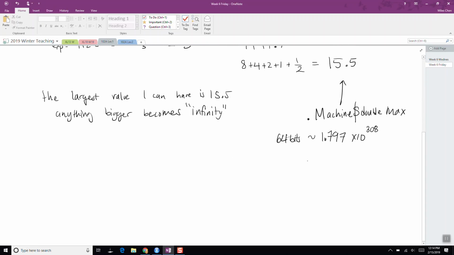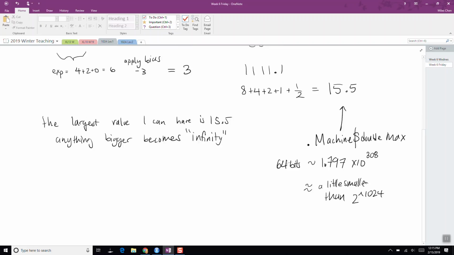It's a little smaller than 2 to the 1024. 2 to the 1024 will be infinity, because with 11 bits for the exponent and the bias and whatever, the biggest exponent we can represent is 1023. So anyway, that's what we have.